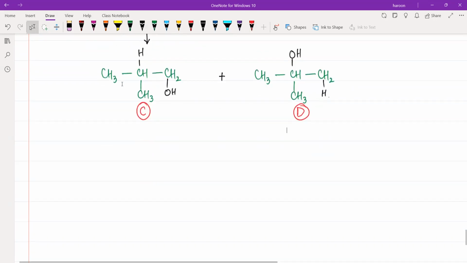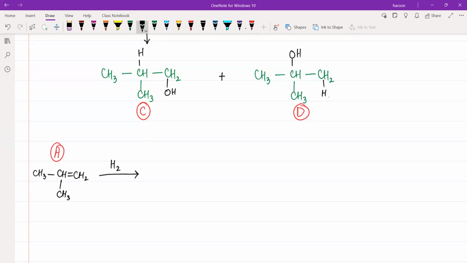So let's start from A to solve the whole question. A compound is actually CH3, CH, double bond CH2, and CH3. After hydrogenation, it is known as reduction.